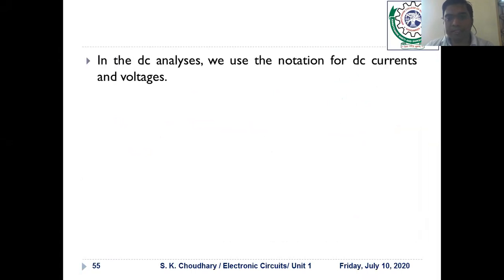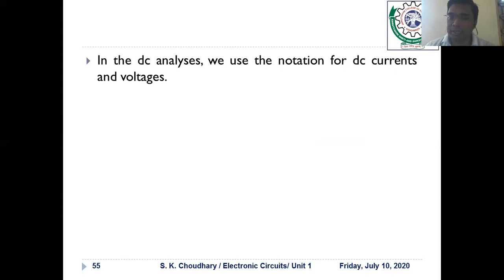In the DC analysis, we use a notation for the DC current and voltage. I have also taught you what kind of notations we basically use for voltage and current. If you want to indicate a DC voltage or current, always use capital letters.